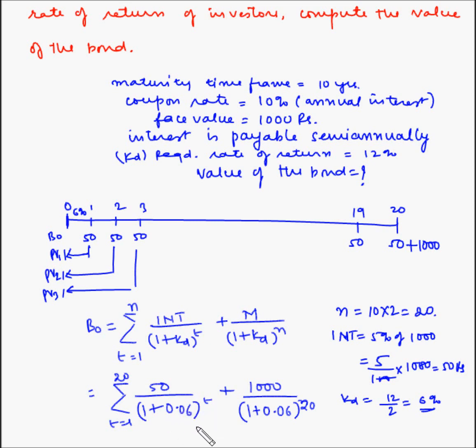That is going to be a very time consuming calculation. So instead of doing that, we'll use a different method, which is to use the present value factors. So same thing we'll do with a different method.